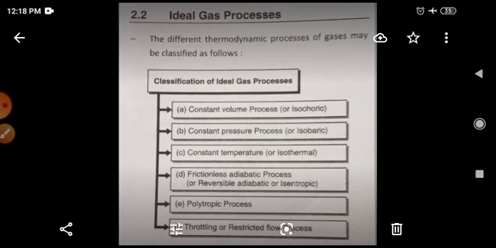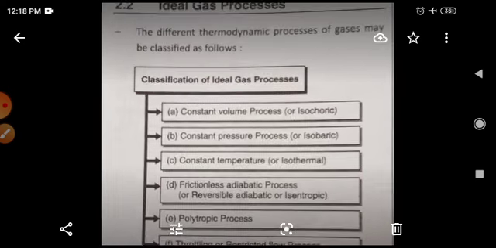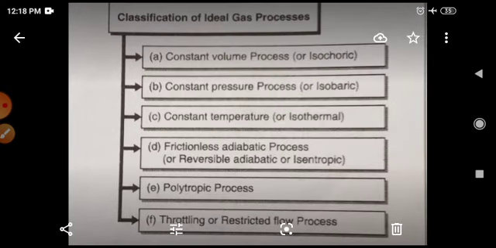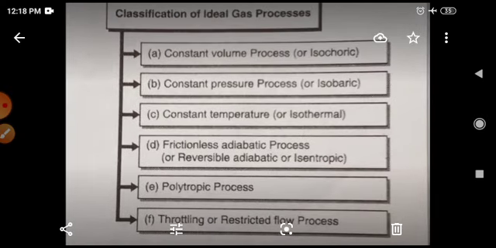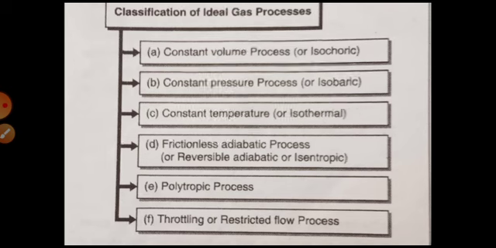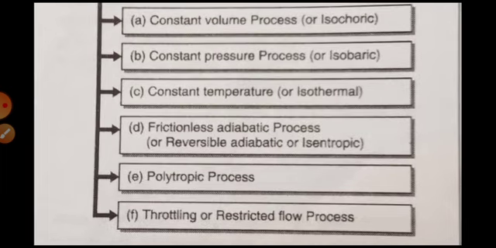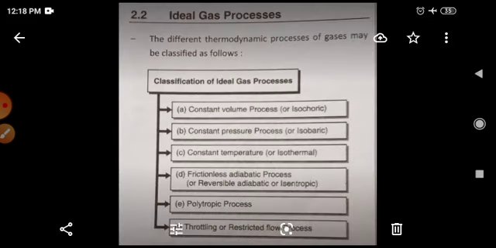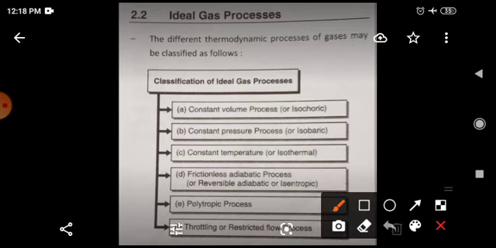You must know all these to study further ideal gas processes, which are classified as constant volume process, that is isochoric; constant pressure process, isobaric; constant temperature, which is isothermal; frictionless adiabatic, which is called reversible or isentropic process; then polytropic process, and throttling or restricted flow process. We will discuss all these processes in the next lecture.